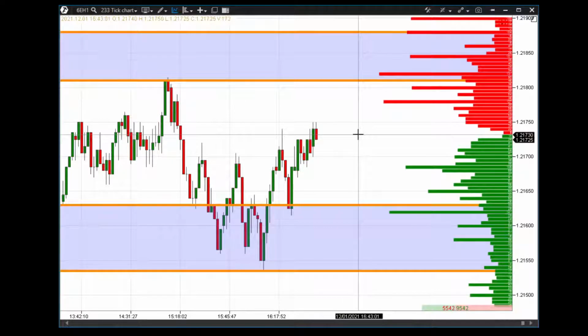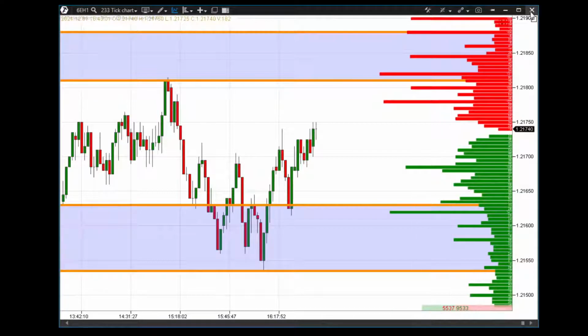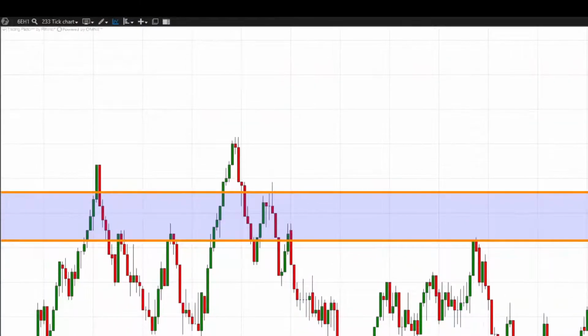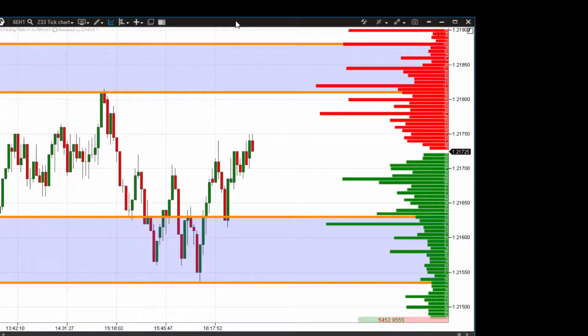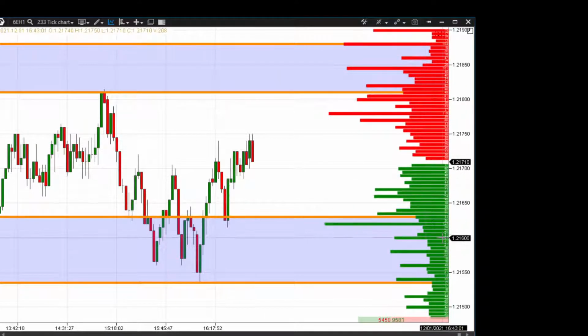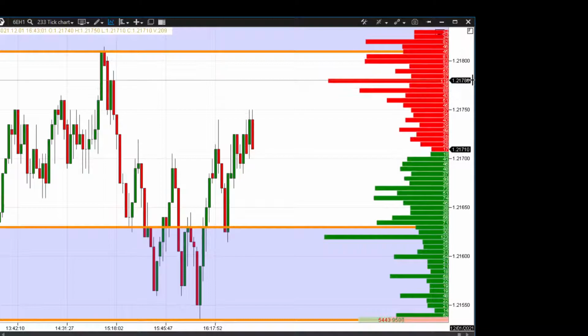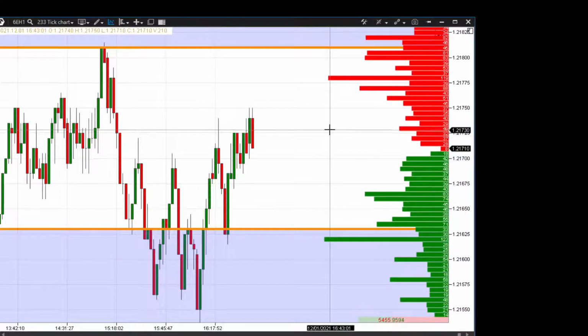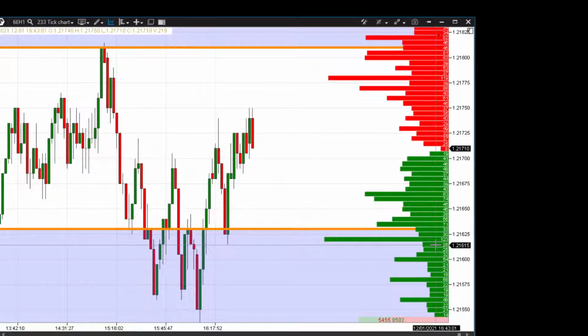Okay, here it is. Let me just put this a little bit bigger here. So what you can see here on the right side, I'm going to put a little bit bigger, are the actual pending orders in the market.